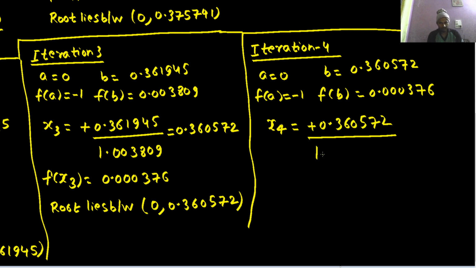So that will be simply 1.000376. Let's calculate it quickly. So this value is 0.360436. If I check with the previous iteration, I've got it equal till 3 decimal places.